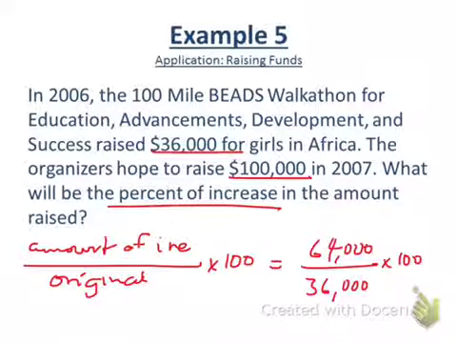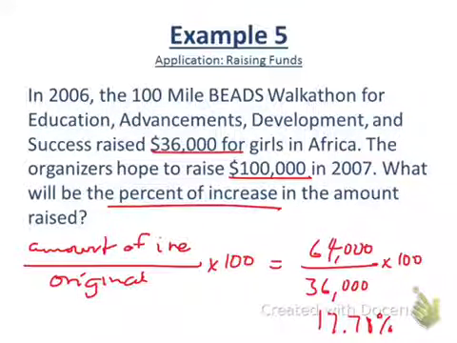1.7 repeating 7. Okay, so 17.78%. No, that's not right. It's 177.8. You said 1.7? Yeah. Okay.